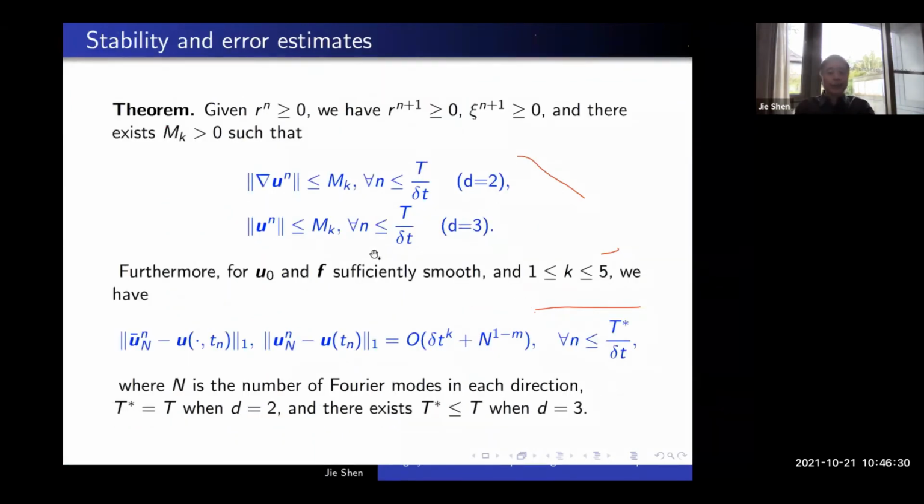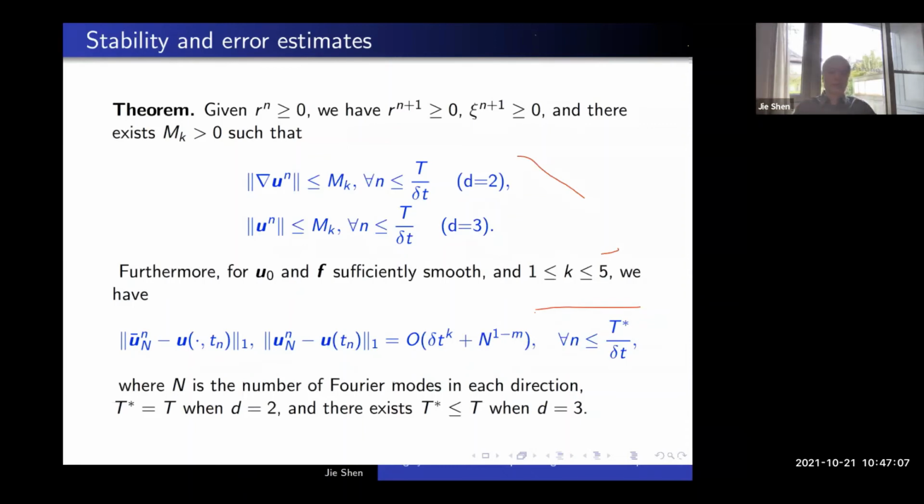You can prove the following stability result, and for a Fourier spectral method, you can also prove the optimal convergence with respect to time step and with respect to the number of Fourier modes. Here, k is the order of the scheme, and m is the smoothness index of your solution.